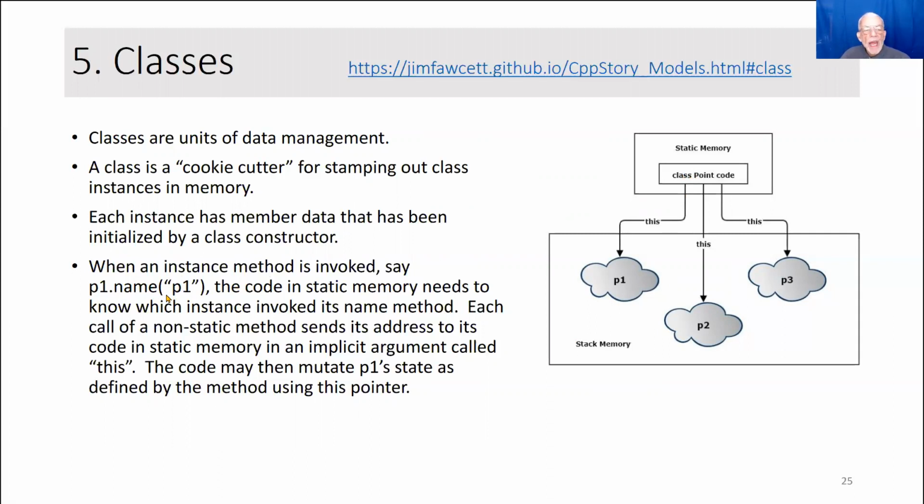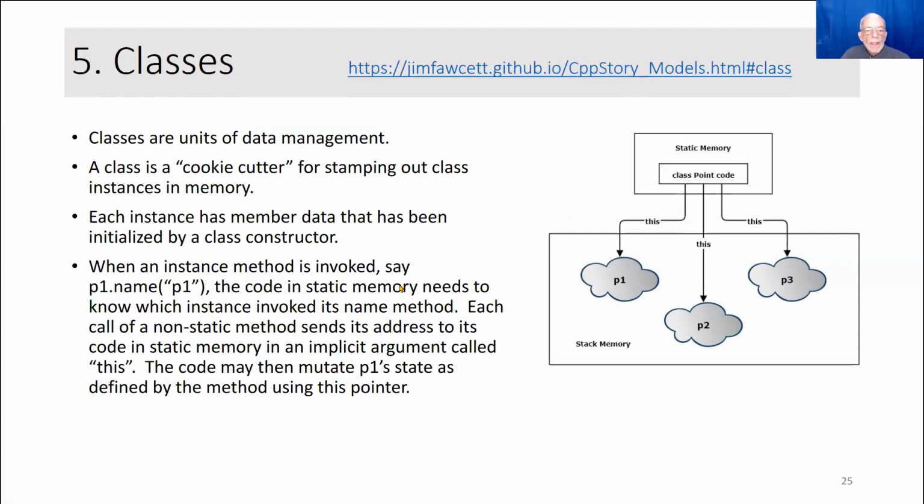The answer is that every call to a non-static member function passes its address to the class code, identified by this identifier, this. So when we call p1.name, that sends p1's address, and then the class code simply changes the name in this class to whatever we supplied, in this case p1.